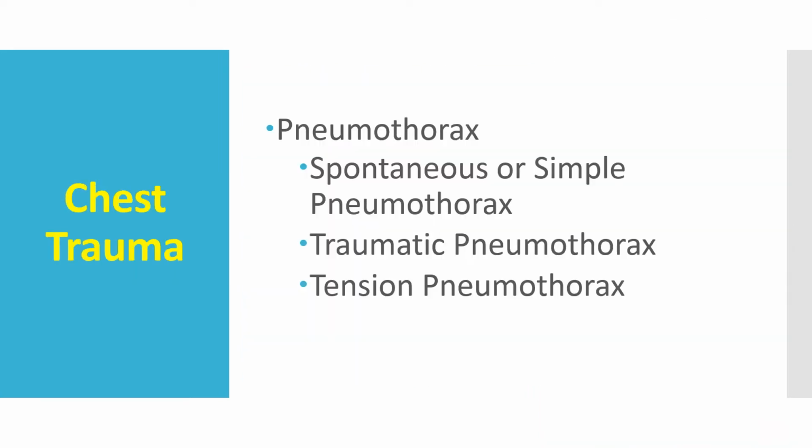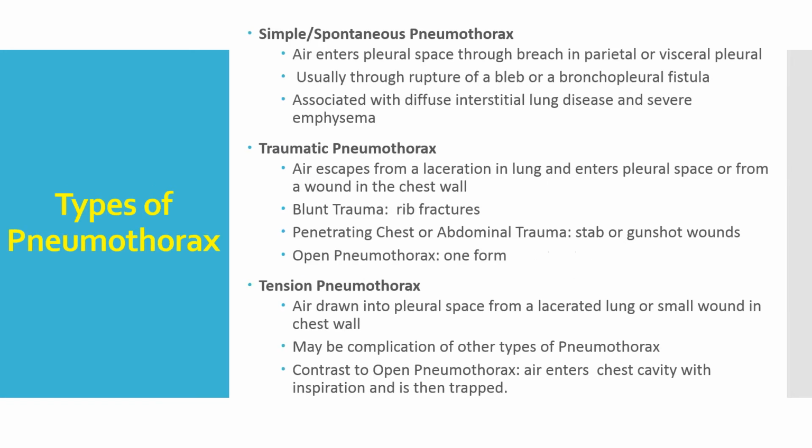So now we're going to talk about one of the major risks with chest trauma, and that's a pneumothorax. We have 3 different types of pneumothoraxes. They are spontaneous, also known as simple, traumatic, and tension. A simple or spontaneous pneumothorax occurs when air enters the pleural space through a breach in the parietal or visceral pleura.